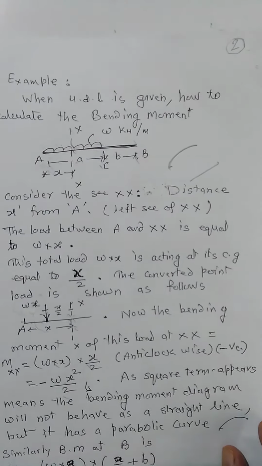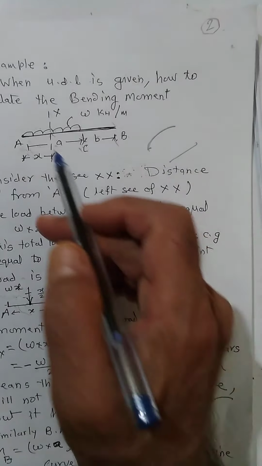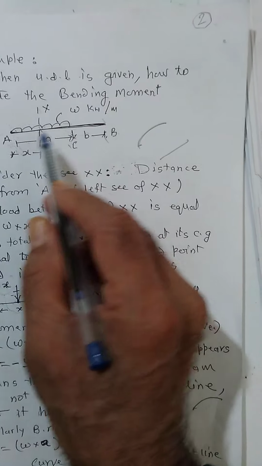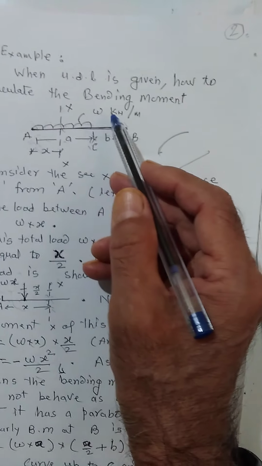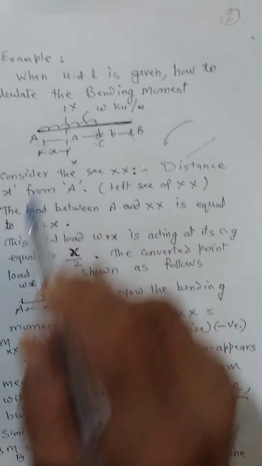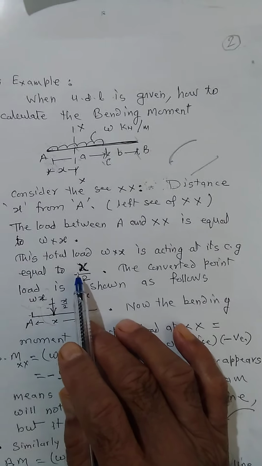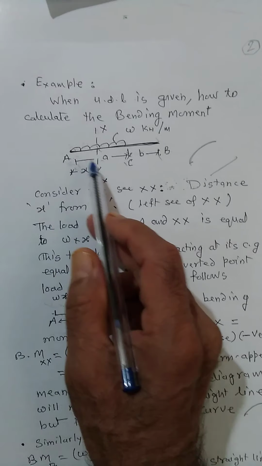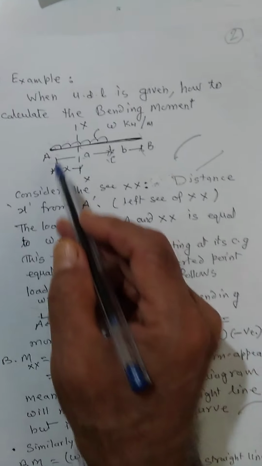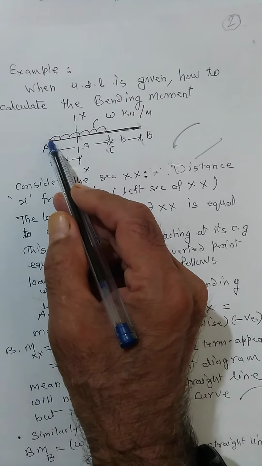Similarly, if we want to see the bending moment pattern for a uniformly distributed load, then suppose this is a uniformly distributed load starting from A, with a small w as kilonewton per meter, but the total distance is A plus B. Now, if I want to take the moment at section x from A, then let us see how much will be the total load.